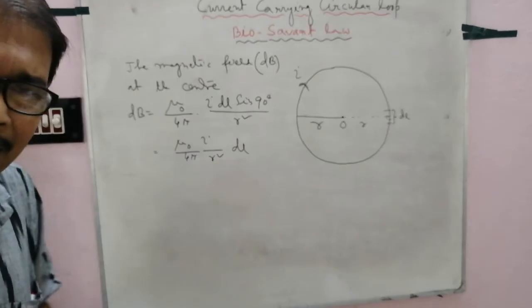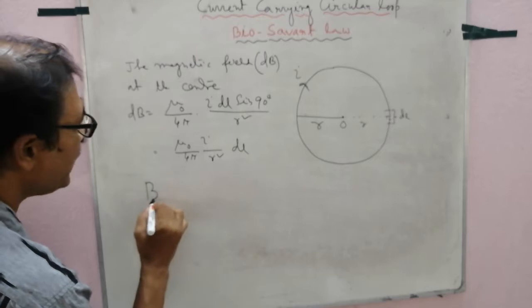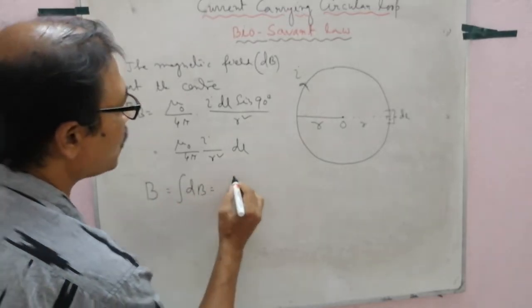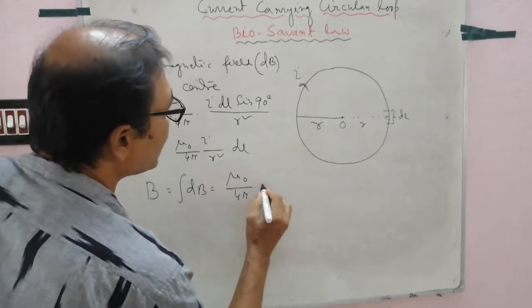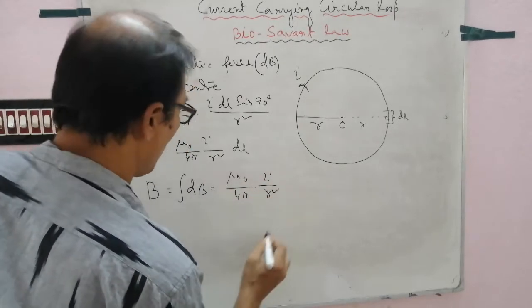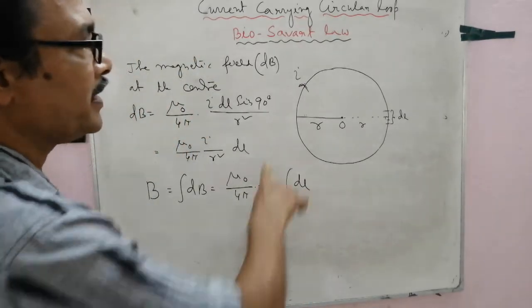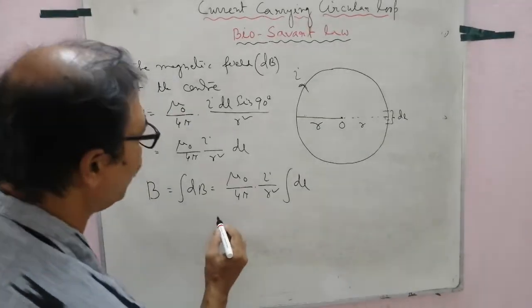For the total circular loop, small length dl, if we integrate, B equals integration of dB equals mu0 by 4 pi into I by r square, which is constant, into integration of dl. Integration of dl is the circumference of the loop, that is 2 pi r. Follow?